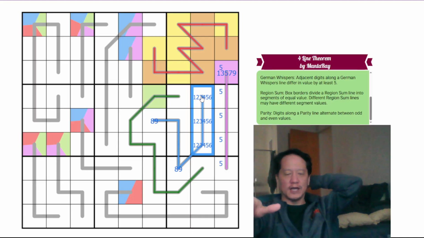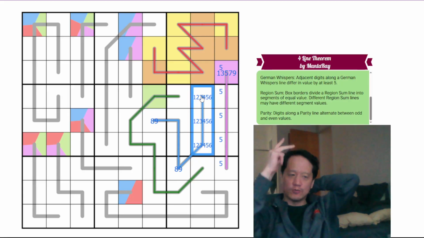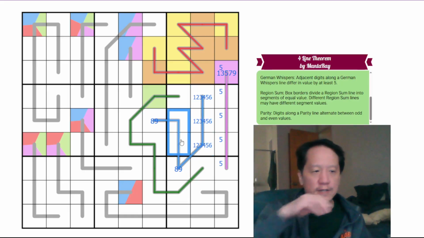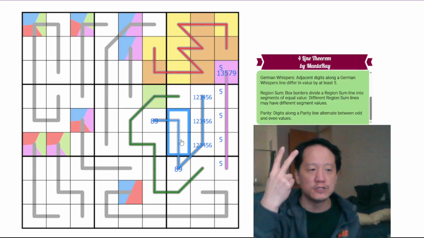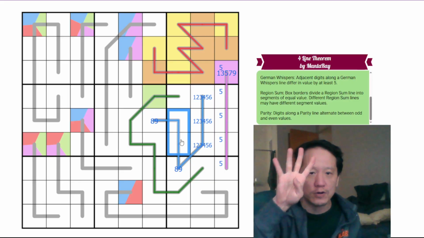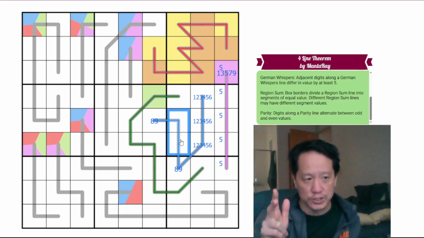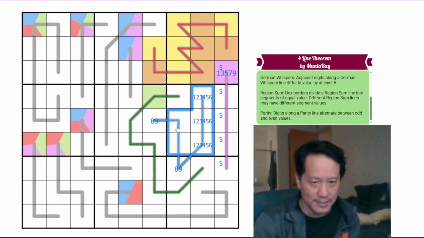This is specifically 8 and 9, so we'll just check those. 125 can add up to 8, and 134 can add up to 8. 125 has 1 and 2, and 134 has 1 and 3. To add up to 9, it's either 126, 135, or 234, all of which have 2 digits from 1 through 3. And to add up to 8 or 9 with 2 digits, one of them has to be from 1 through 4. So we are guaranteed 3 low digits in this set at least.